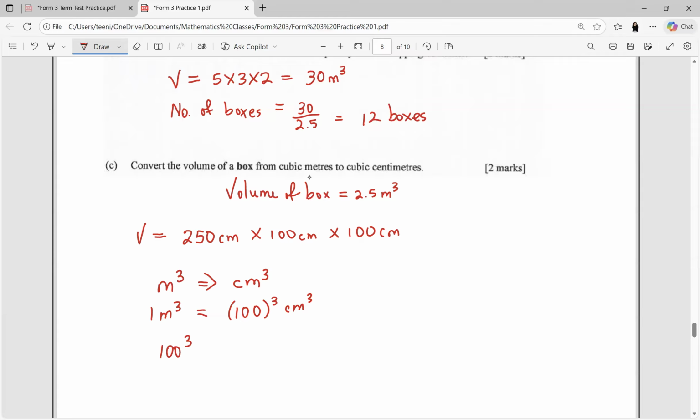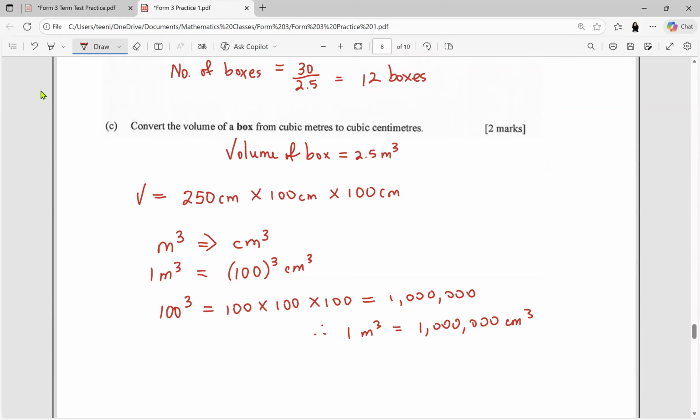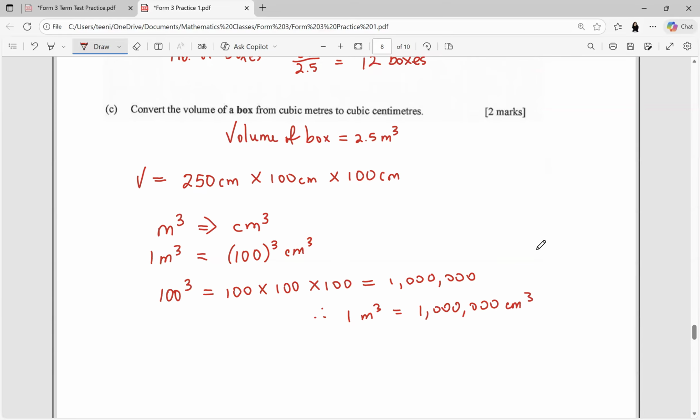That gives you 1 million. So therefore, 1 cubic meter is 1 million cubic centimeters. So to change the volume of the box to cubic centimeters, you'll multiply 2.5 by 1 million.